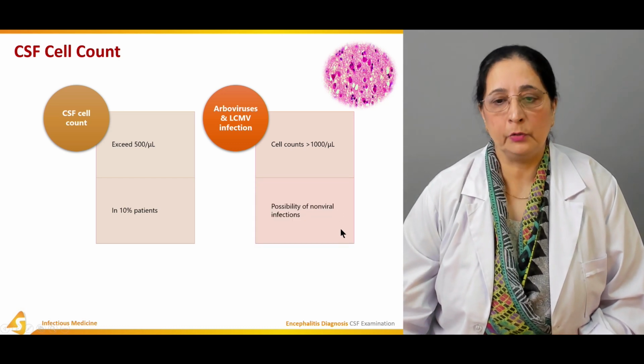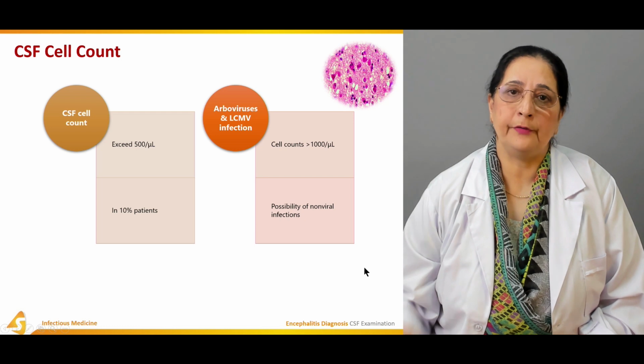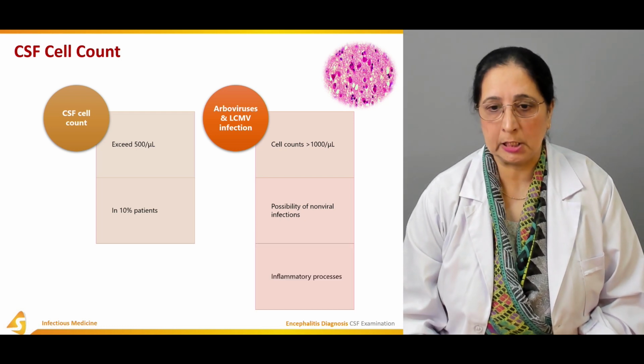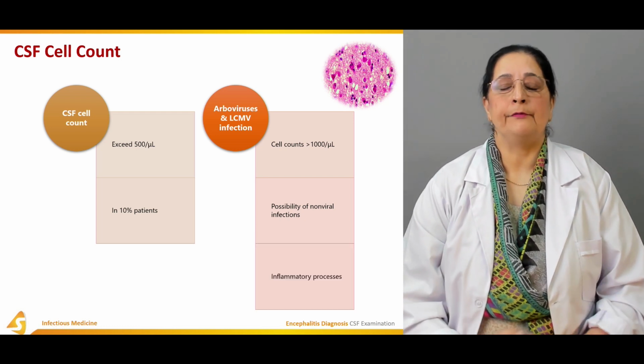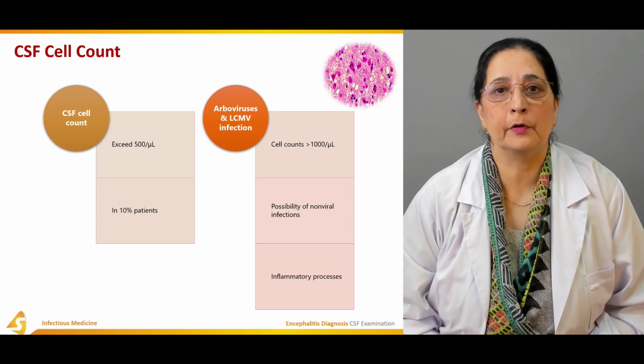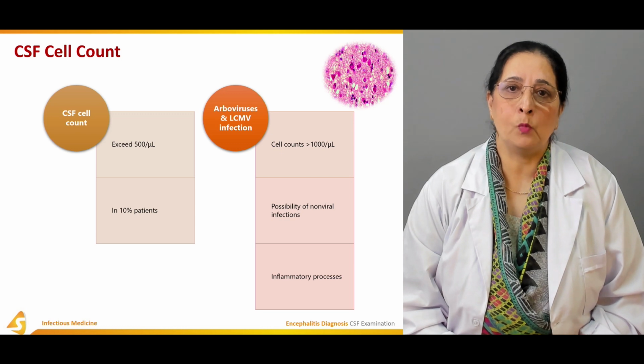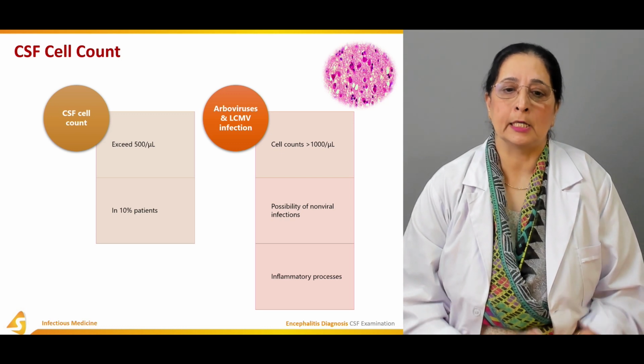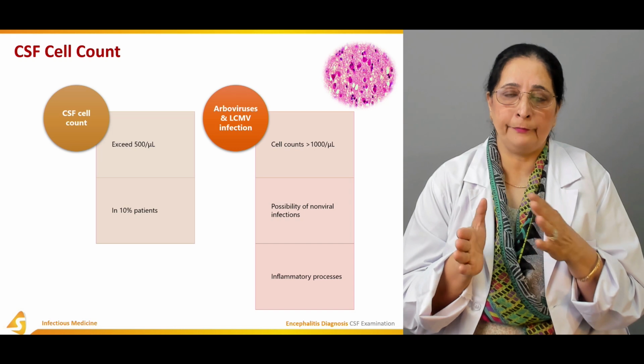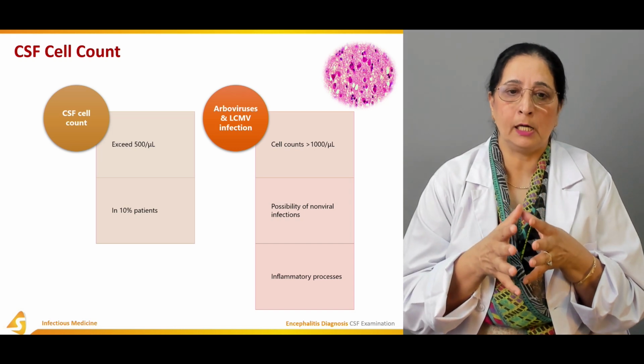There is also the possibility of non-viral infections and inflammatory processes if the number of cells is more than 1,000 per microliter. So these are the few ideas about the cell count.